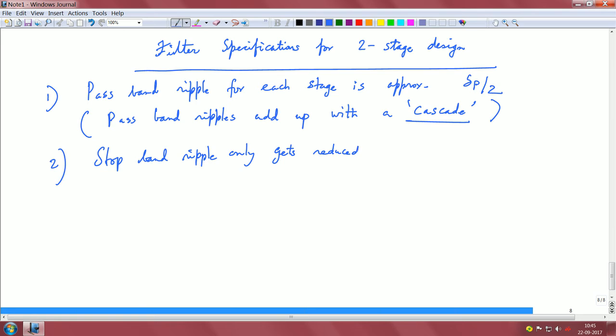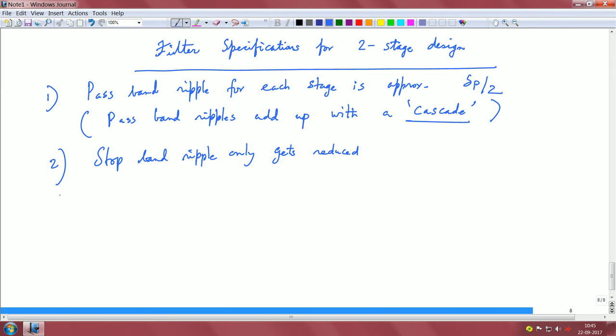So, therefore, we are okay to leave our stop band to delta s, but the pass band we have to consider it to be delta p upon 2 for individual filters.